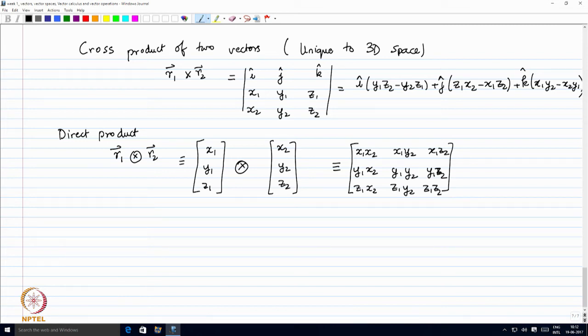Notice what I have done is I have taken x1 and multiplied it by x2, by y2, by z2, and I have taken all these products. Unlike in the cross product where I took suitable combinations of these products, here I kept all the 9 products. So, what I get is a 9-dimensional object, and this is a tensor.